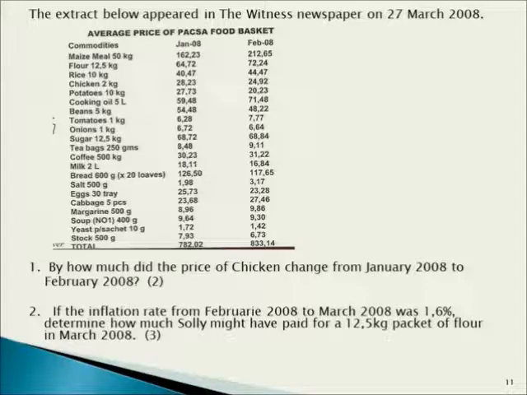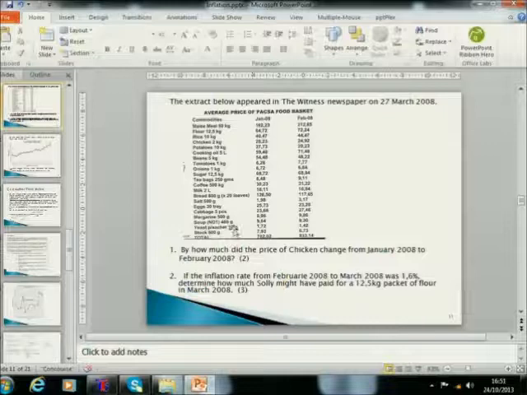In this one question, we are working with two different inflation rates, of which the first one was a negative inflation rate, which caused the drop in the price. Now, with the flour, it has a positive inflation rate of 1,6. So, it already shows you that per item, the inflation rate is not the same. And that's why the average is used. But let us go and calculate this one to see how it will be calculated.